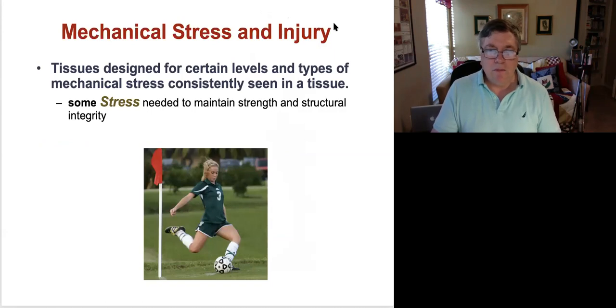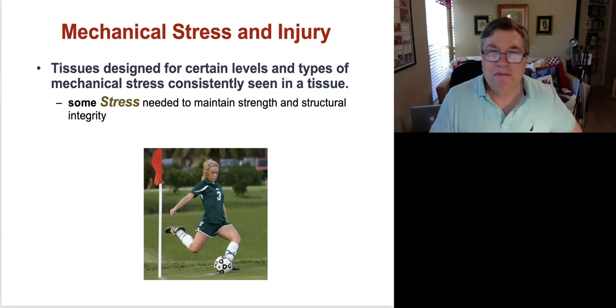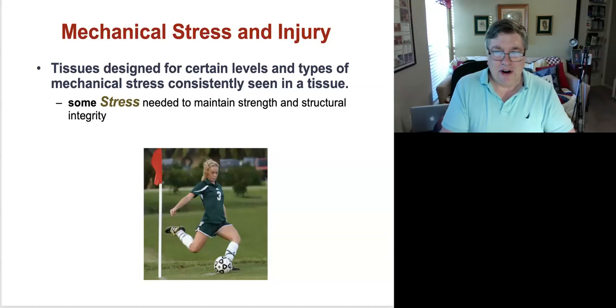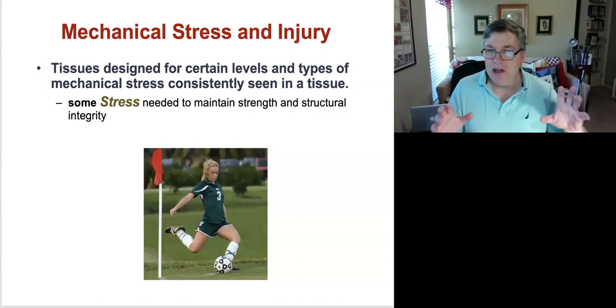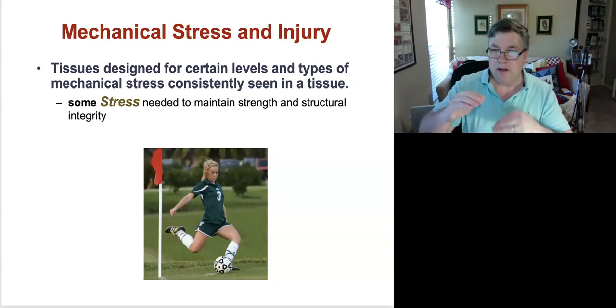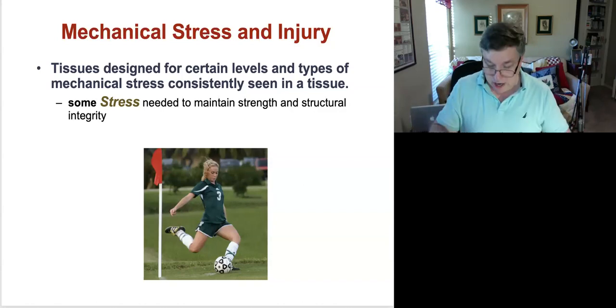So we need some mechanical stress in order for tissues to actually maintain normal function. As I was saying, you need some mechanical stress. You need things in the Goldilocks zone just to maintain current strength and structural integrity of connective tissues and skeletal muscle.